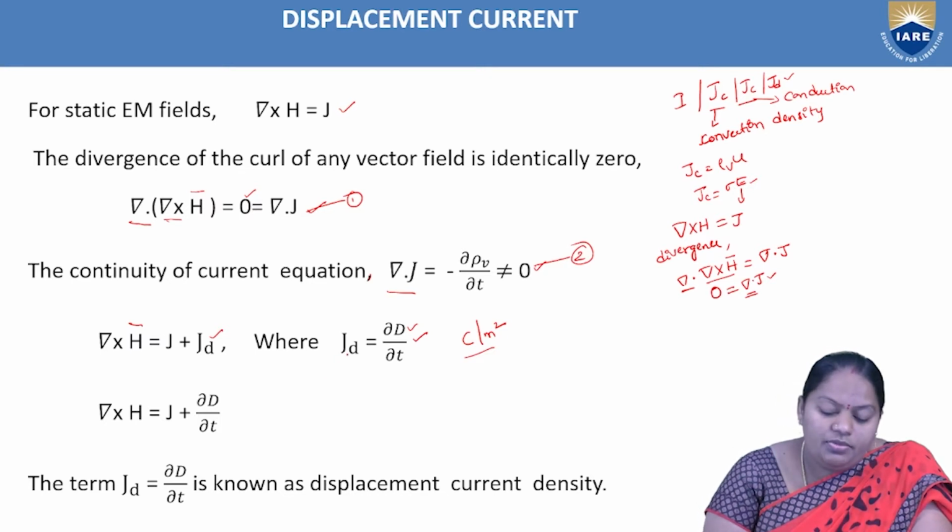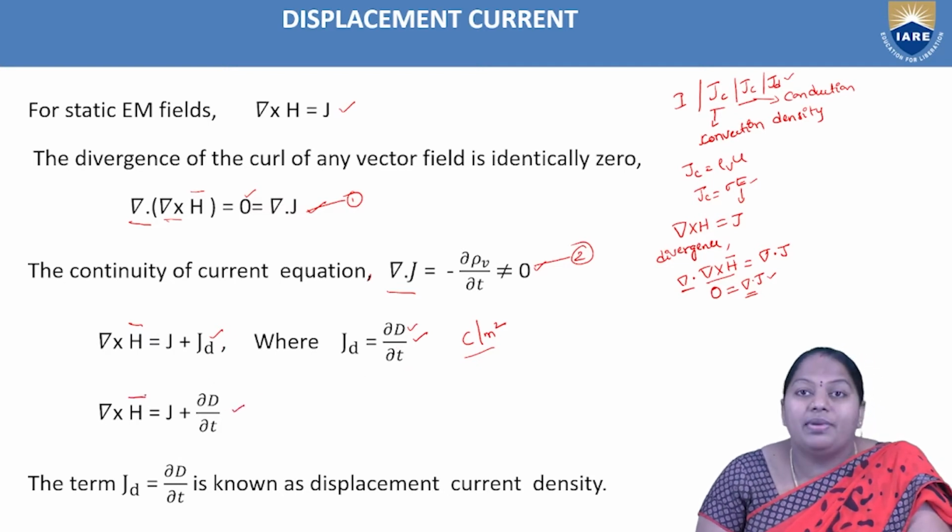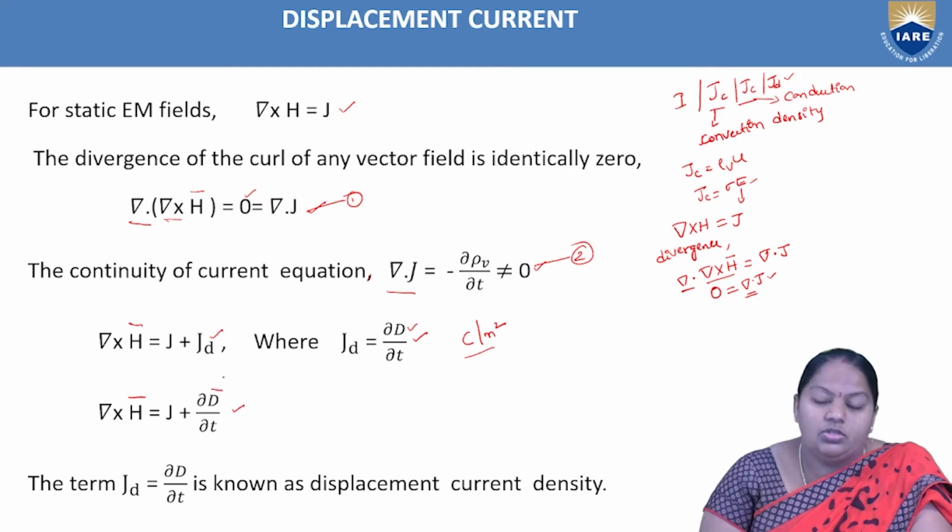Right? So if you substitute dou D by dou t in place of JD in this equation, then del cross H bar equal to J plus dou D bar by dou t.